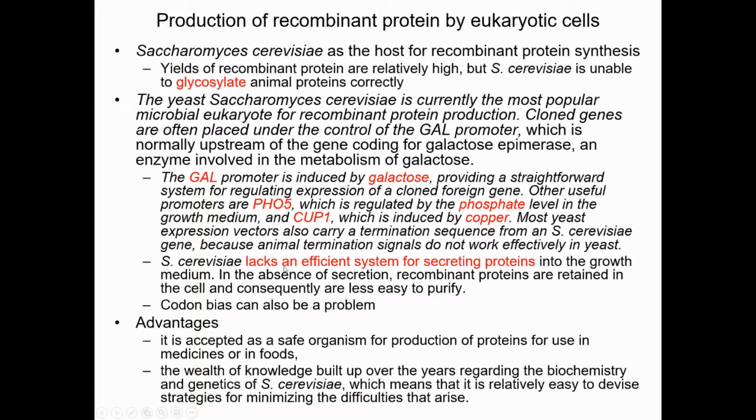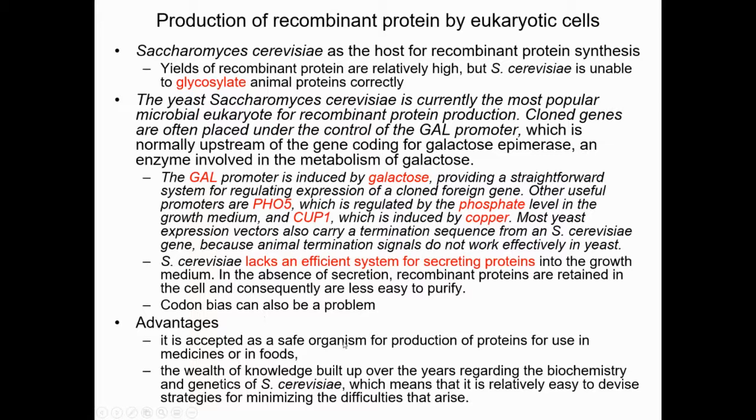And Saccharomyces cerevisiae is an efficient system for secreting protein into the growth media. Otherwise the protein remains inside the cell, and that will create more problems to purify the protein.